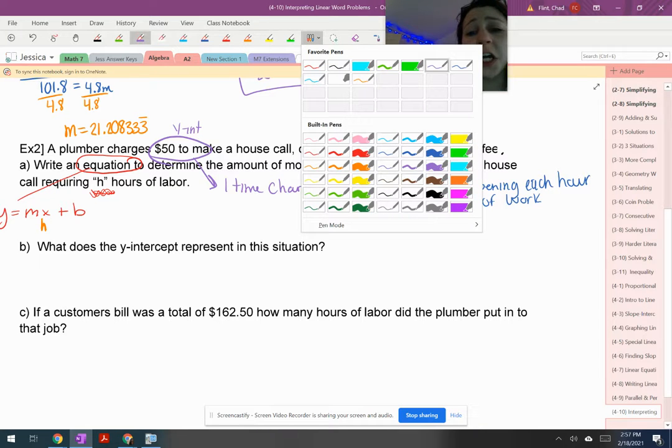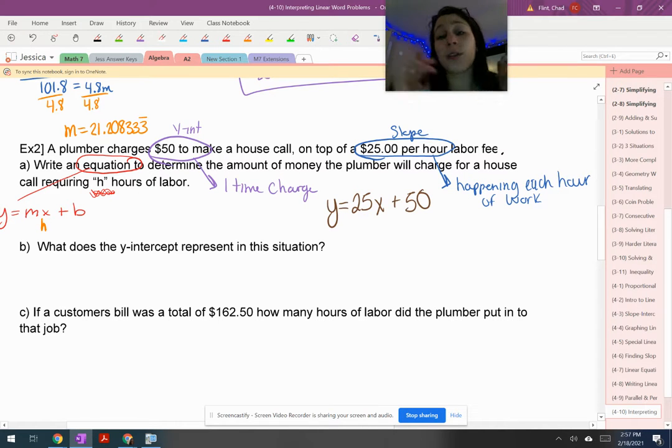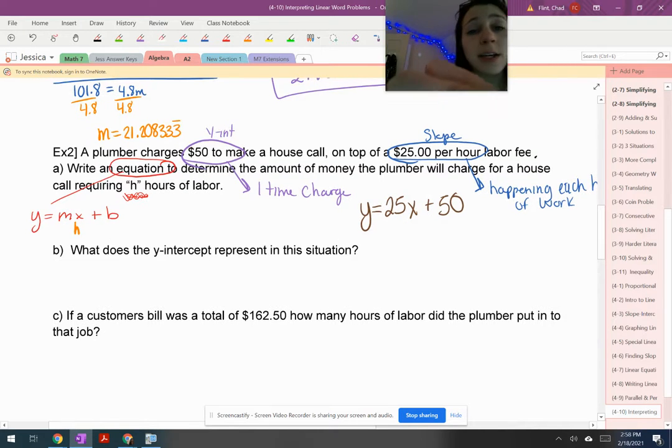Put that together and put the cherry on top, and you get the equation y equals 25x plus 50. Except, pause, freeze, we made a mistake. They want us using h instead of x.